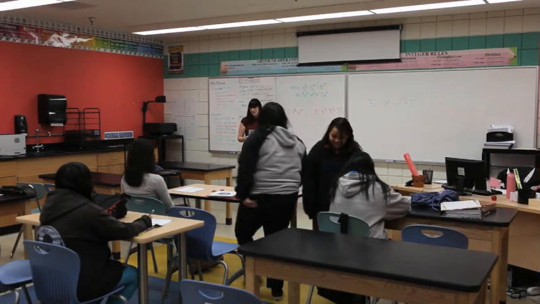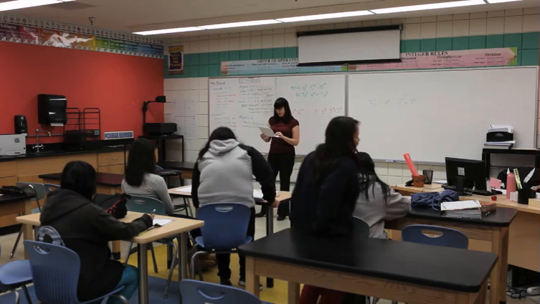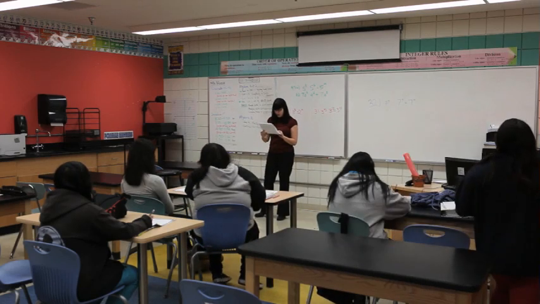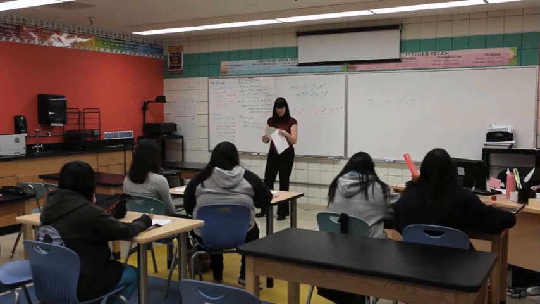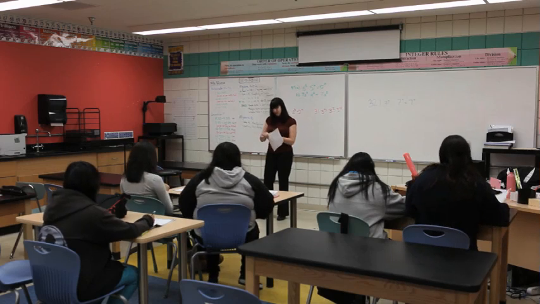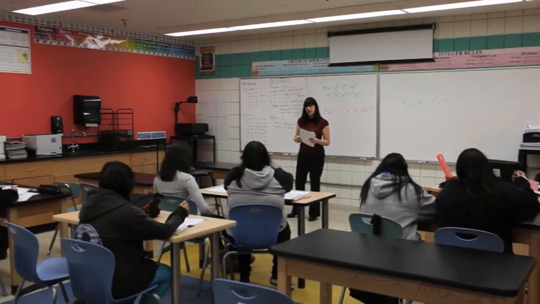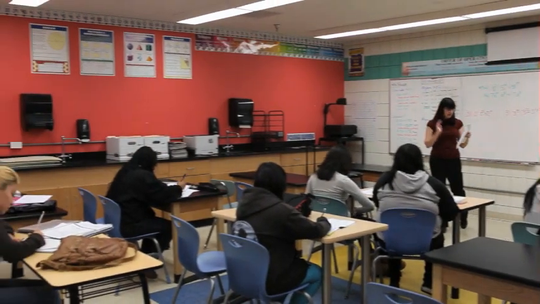Pretty easy? All right, so when we finish, you're going to go ahead and do 33 through 37. Put that on your separate sheet of paper. Title it 4.5.